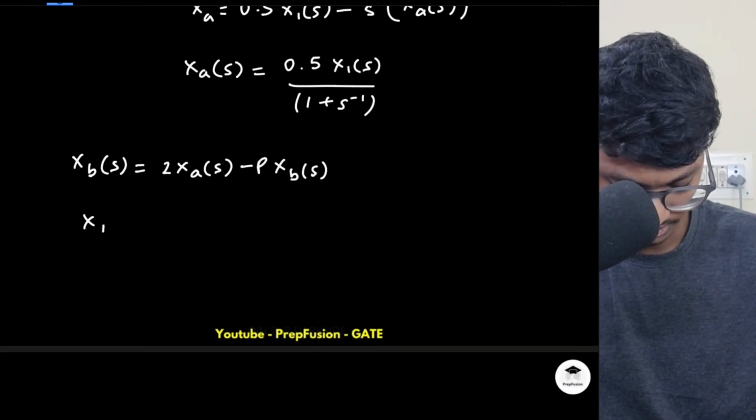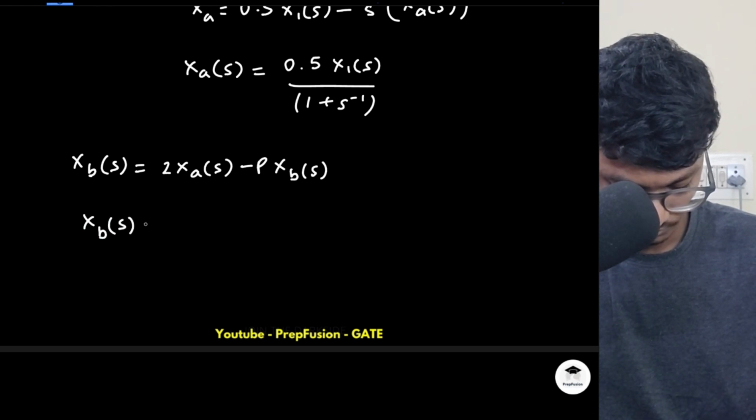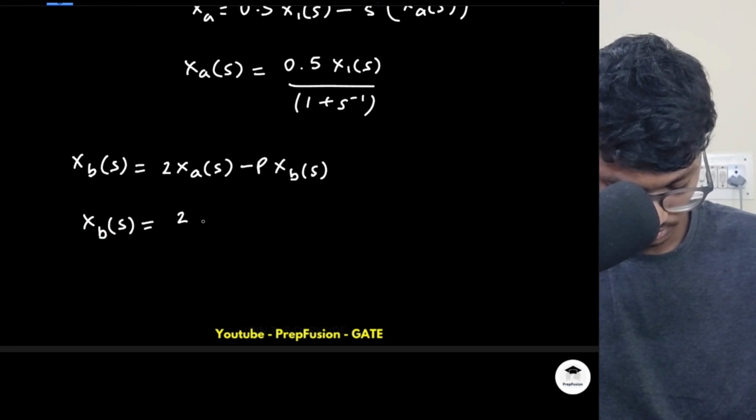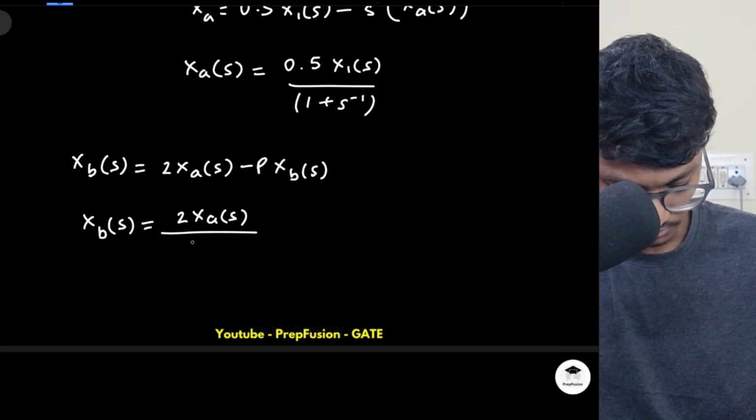So my XB(s) is equal to 2 times XA(s) divided by 1 plus P.